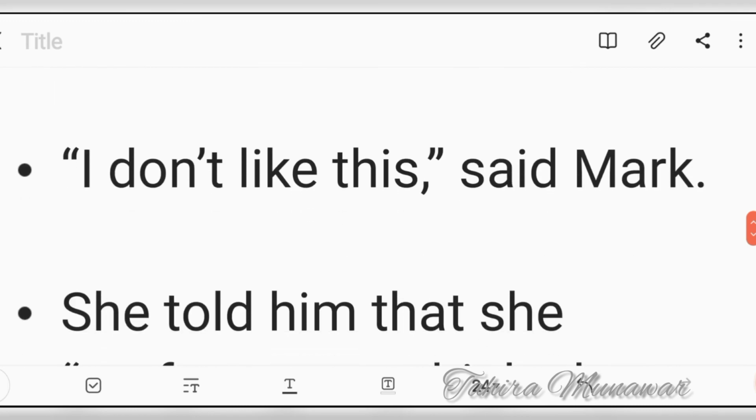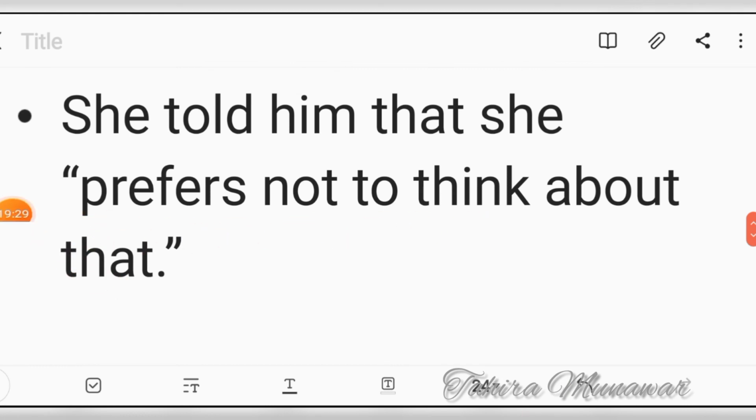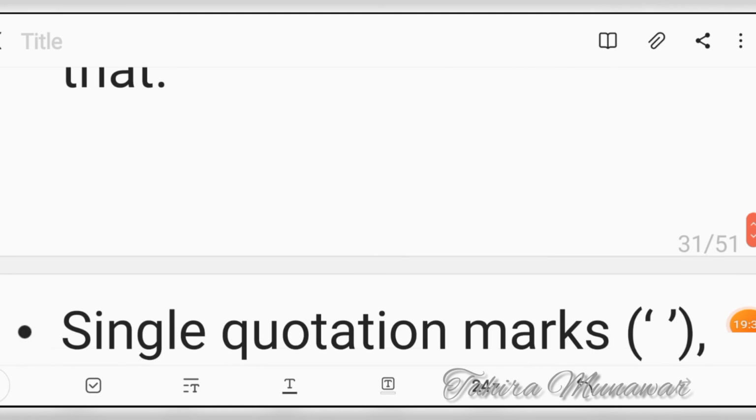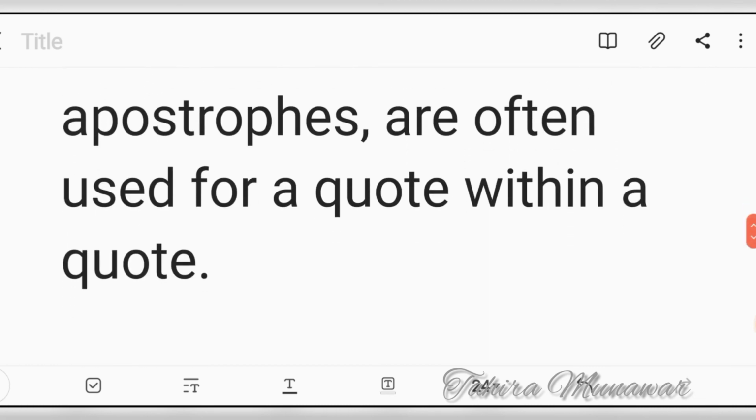For example, "I don't like this," said Mark. So this quotation mark is telling that this is the speech of Mark. She told him that she preferred not to think about it. So this is telling you that it is her exact words. Single quotation marks, not to be confused with apostrophes, are often used for a quotation within a quote.